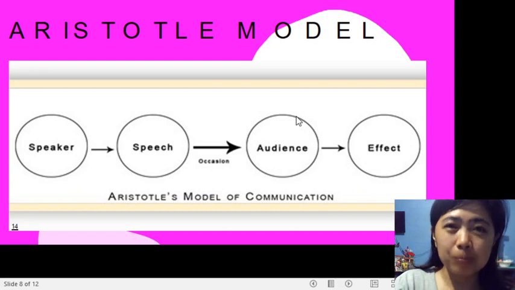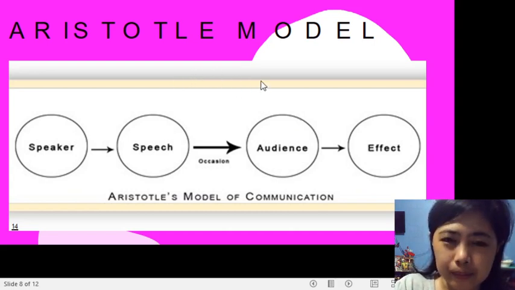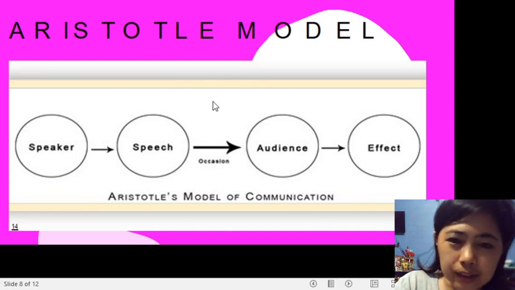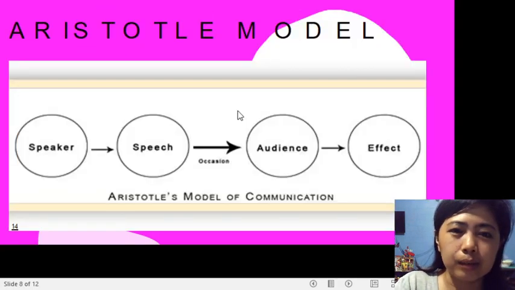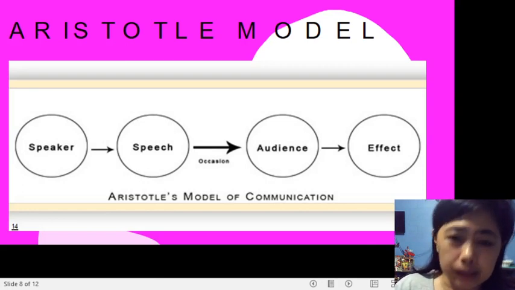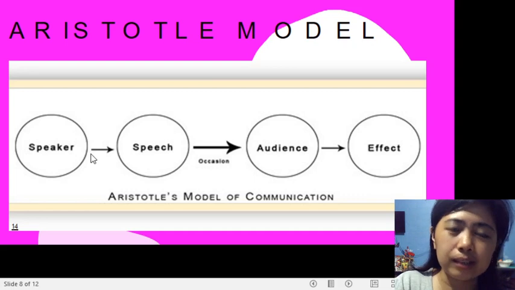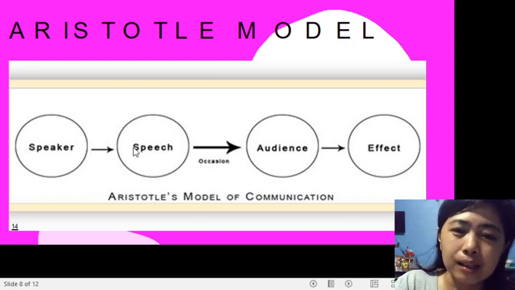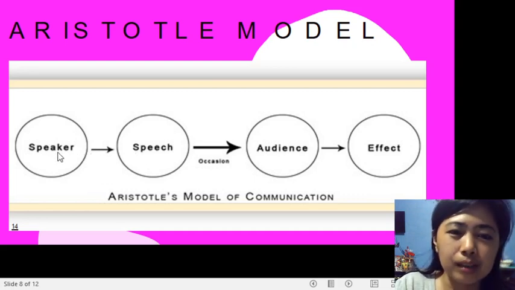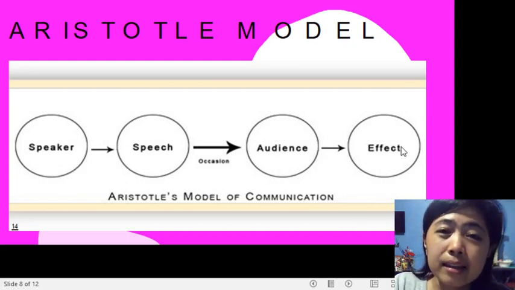Okay. The next model of communication we have is the Aristotle Model. He is another philosopher. For the Aristotle Model, this figure tells us that, just like the Shannon-Weaver, it is one way. It only has the speaker, the speech, the audience, and the effect.